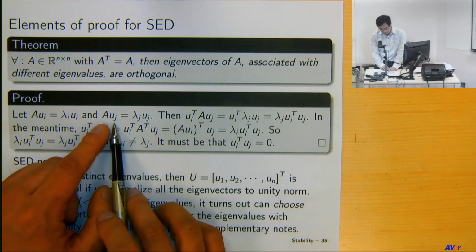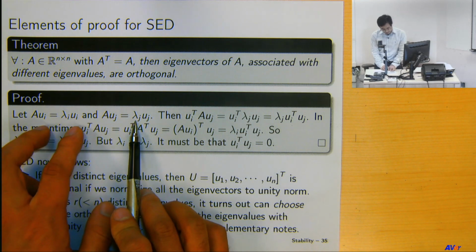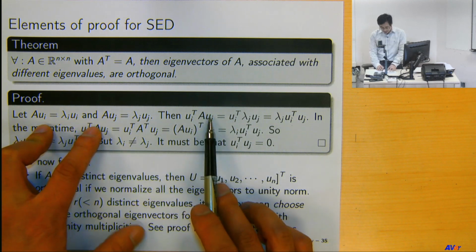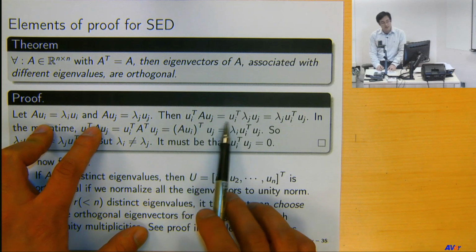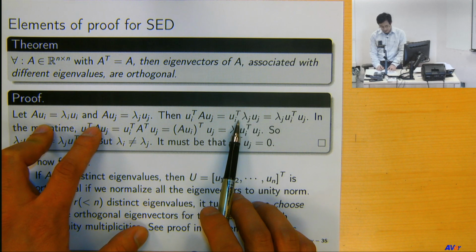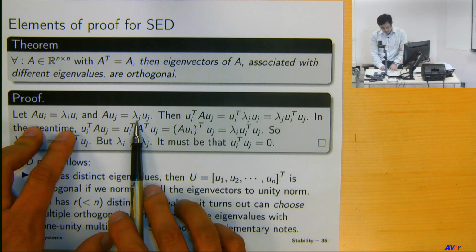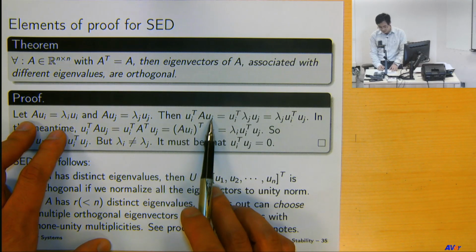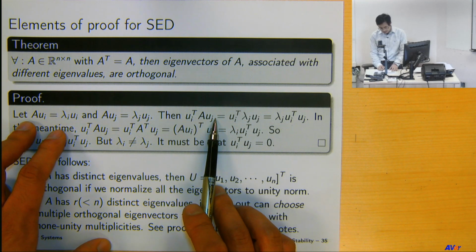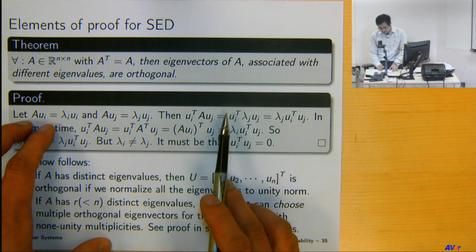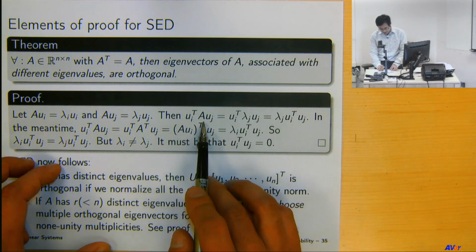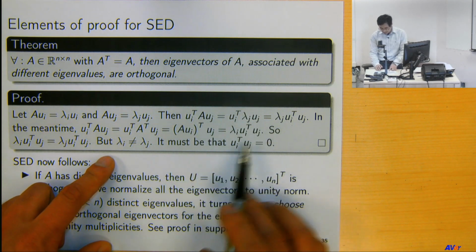Starting from this eigenvalue-eigenvector pair, which are vector equations, we go to a scalar value in the end, right? So the key concept of the proof is that from here, we consider Ui transpose times A Uj, and then eventually figure out that this term equals two things.